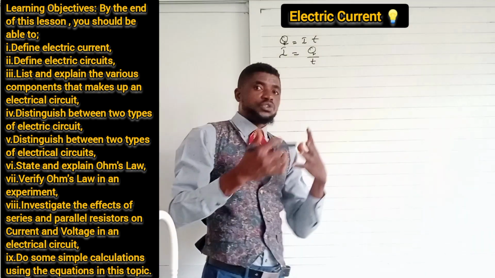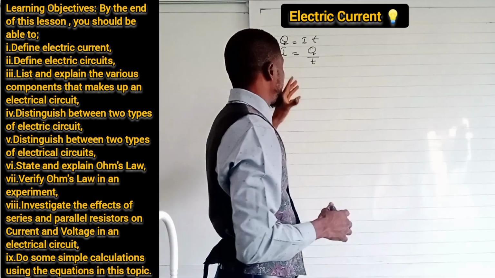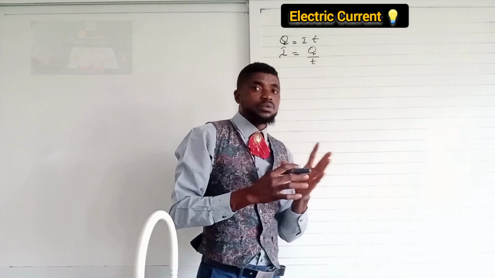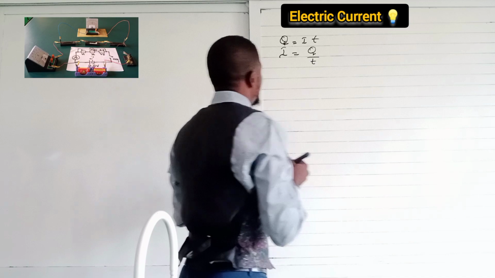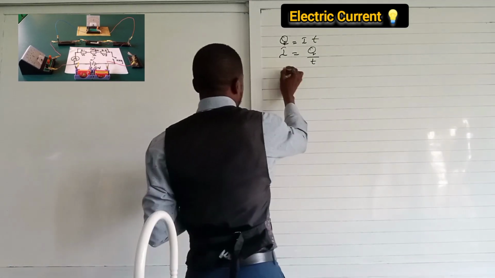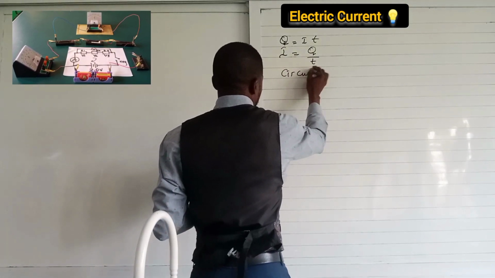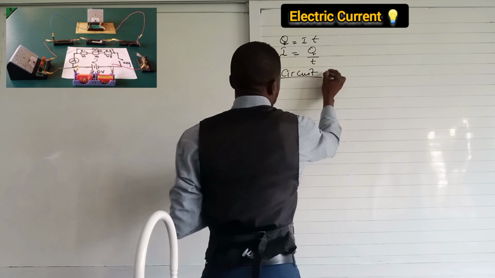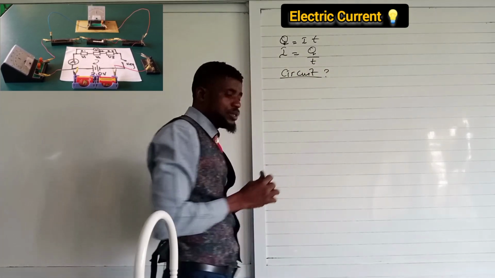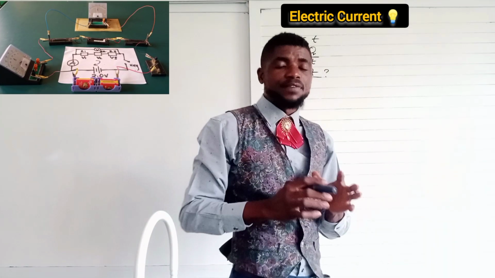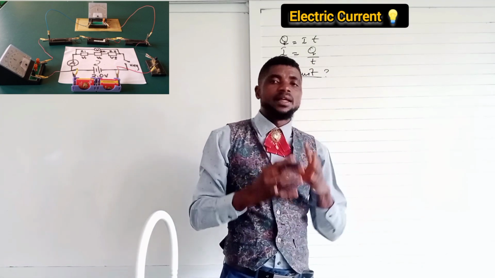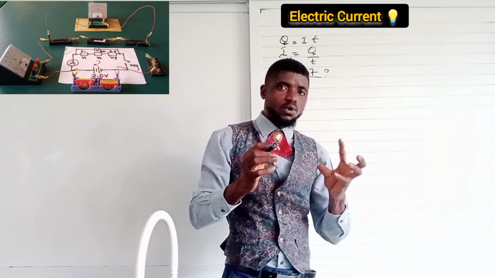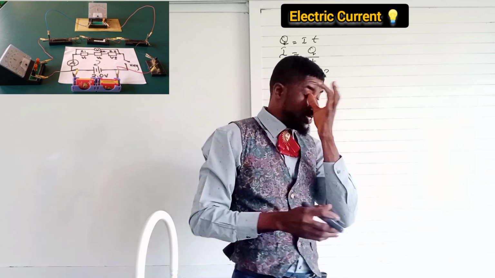During the introduction of this class, I said something about a circuit. So we define a circuit. What is a circuit? An electrical circuit is simply defined as a path that is provided for the flow of electric current.